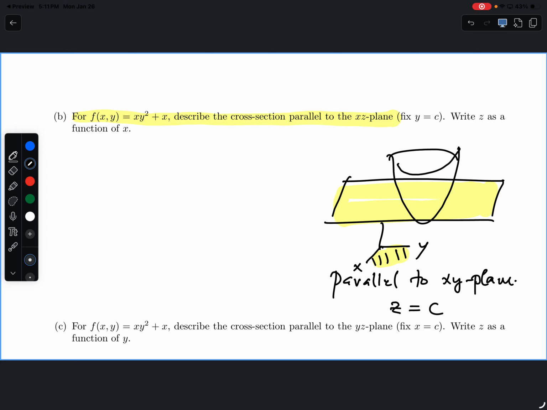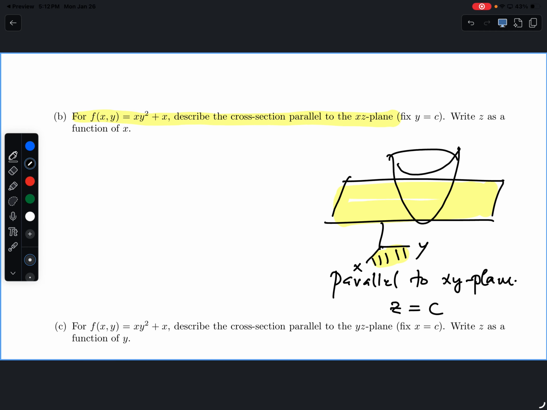So we talked two different things. One thing was, how can we talk about cross sections? You cut a surface with a plane which is parallel to some plane, the xy plane, xz plane, or yz plane. If we are intersecting with a plane which is parallel to xy, we'll substitute z is equal to c. If we intersect with a plane which is parallel to yz, we'll put x is equal to c.